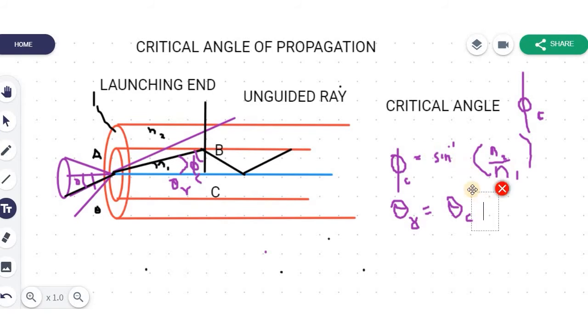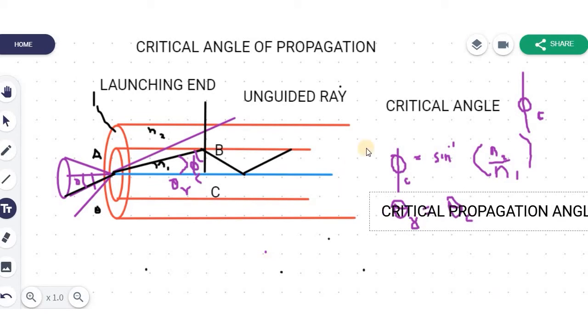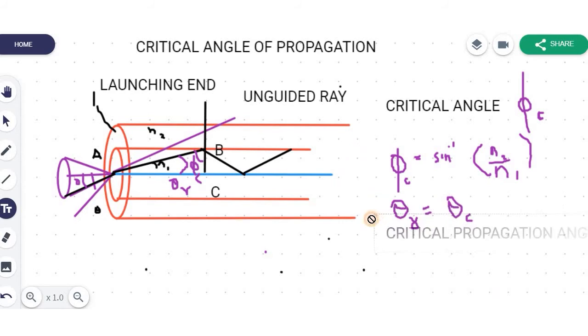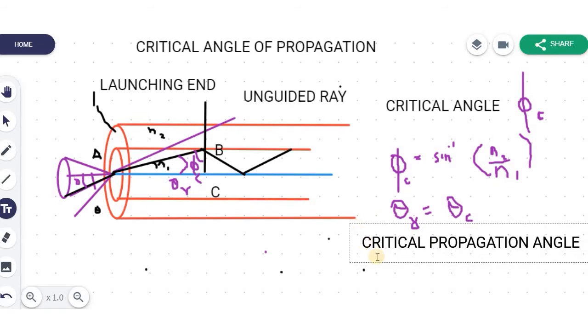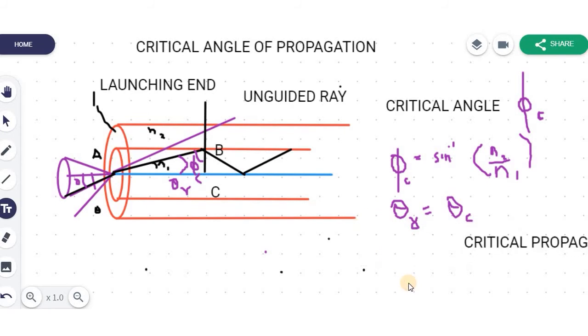So it is called the critical propagation angle. Hope that is clear for you.